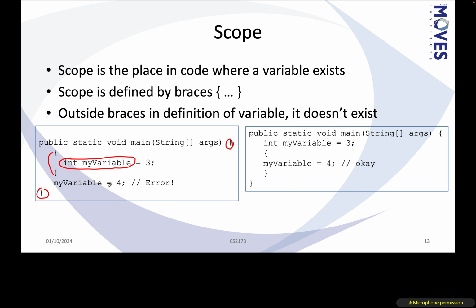If I then try to access this variable outside of its scope, it's an error. In other words, outside of these curly braces, that variable does not exist. It's important to understand. And this concept doesn't even exist in Python because there are no curly braces. Okay, so that seems kind of weird.